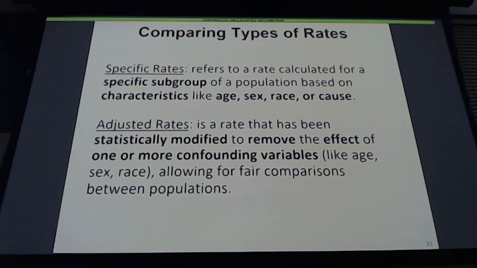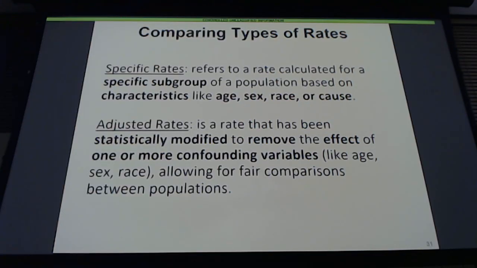Specific rates refers to a rate calculated for a specific subgroup population based on characteristics such as age, sex, race, or cost. Right? Makes sense, right? Specific rates for specific characteristics. Pretty clear there. And then the adjusted rates are a little bit different. The rate has been statistically modified to remove the effects of one or more confounding variables, right?